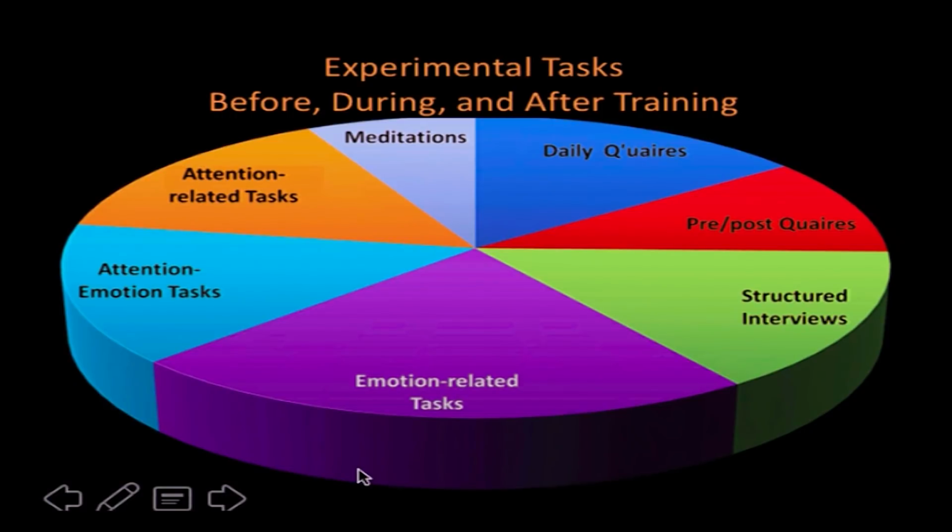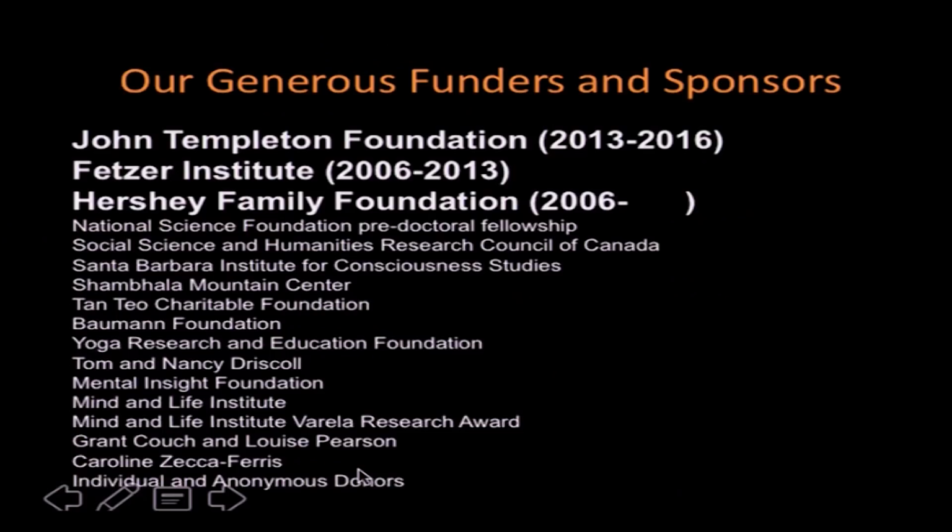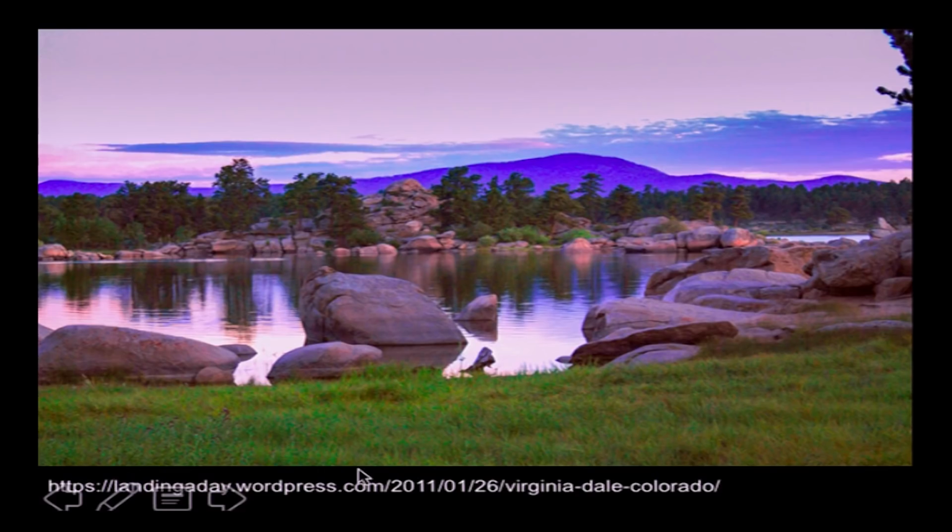We had lots of experiments, 15 computer-based experiments, lots of methods from EEG and autonomic variables to facial expression, questionnaires, interviews, biochemical variables. I'm not going through this. This is a massive undertaking involving a whole orchestra of scientists and co-investigators, and funding that has been very generous.